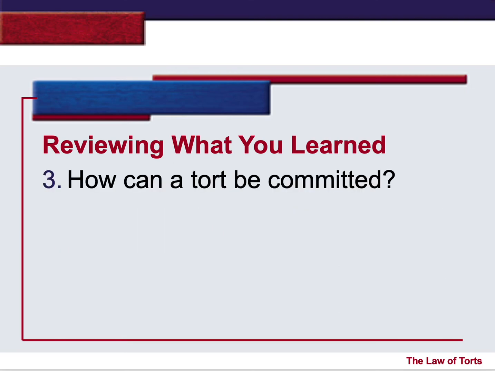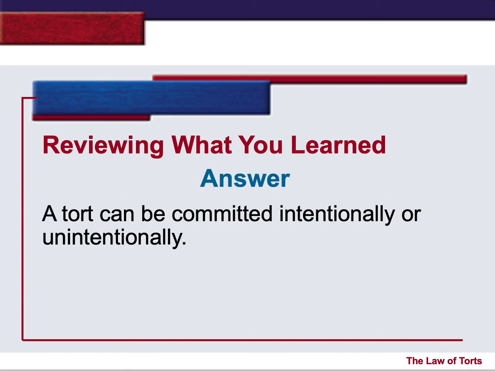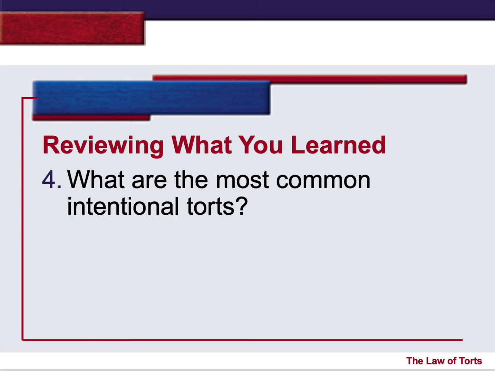All right, how can a tort be committed? Two ways: intentionally and unintentionally. These were the intentional torts that we just discussed. We will get into some unintentional torts as well.